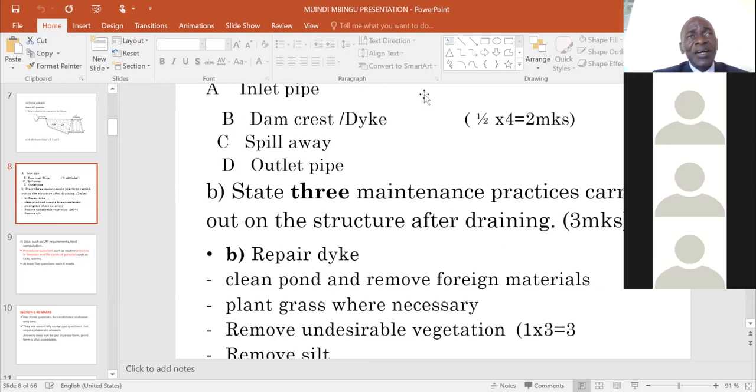But repair is one maintenance measure, should not be repeated where you are required to give more than one maintenance practice. So repair the dike, clean the pond and remove foreign materials, plant grass where necessary, remove undesirable vegetation, and remove silt.